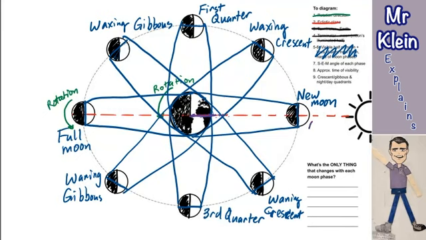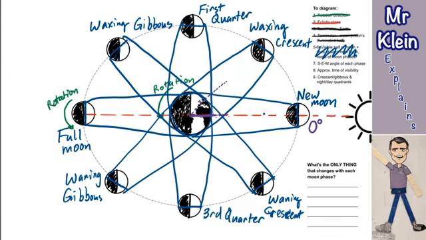So you could say the new moon has a 0 degree angle. But again, if you start from the Sun across the ecliptic plane, go to the center of the Earth, and then head up towards waxing crescent.